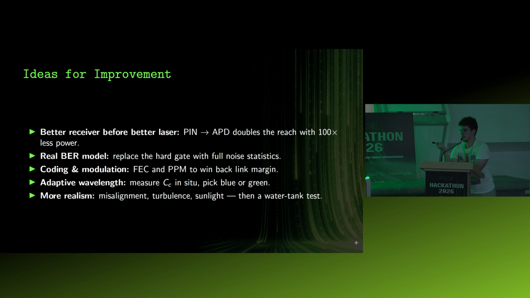This implementation is just for a point to point transmission. So what we would like to do in the future is take the PIN receiver and make it an avalanche photodetector that doubles our reach, and with a lot less power. We have to compute a full noise model.